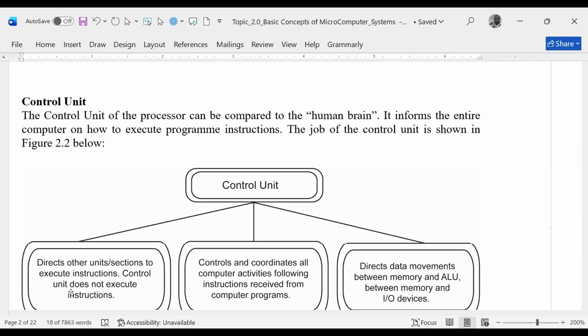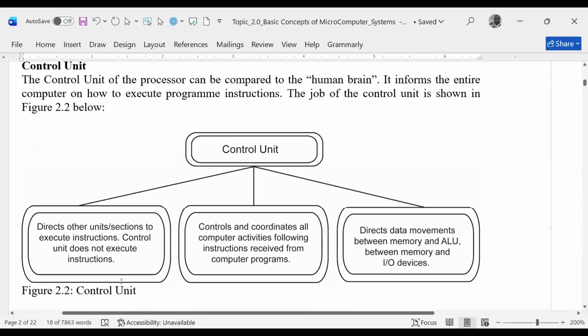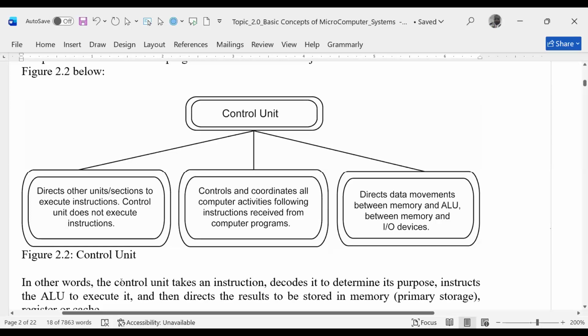If you want to print from a printer, it's the control unit that will instruct the printer to perform that job. As you can see in the figure here, the job of the control unit is to direct all the units in the computer system to perform their job.